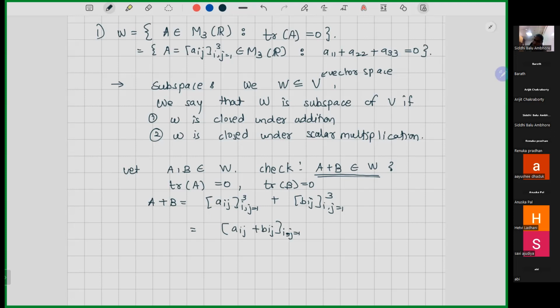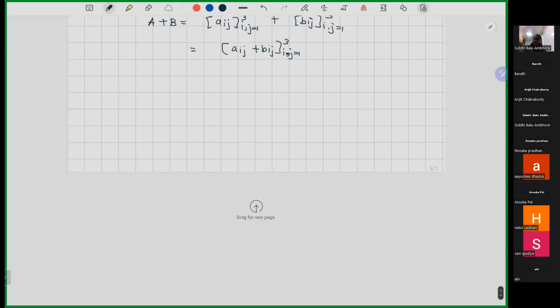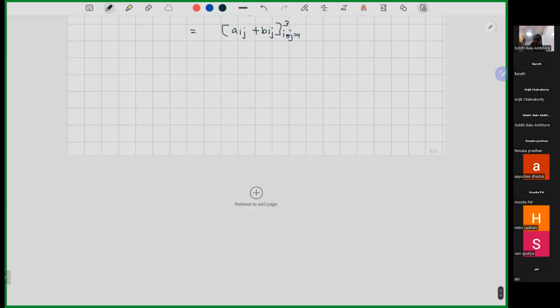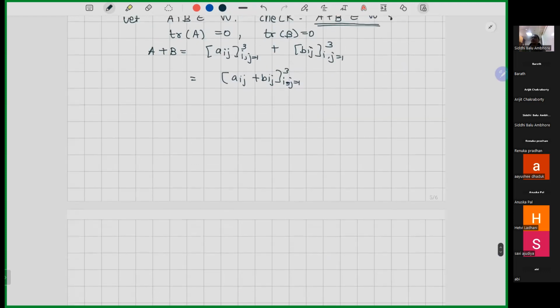As Arijit said, corresponding elements will be added for the addition of two matrices, and as Hetvi and Arijit said, trace of A + B is equal to trace of A plus trace of B.